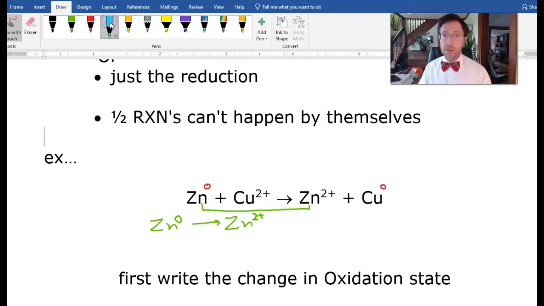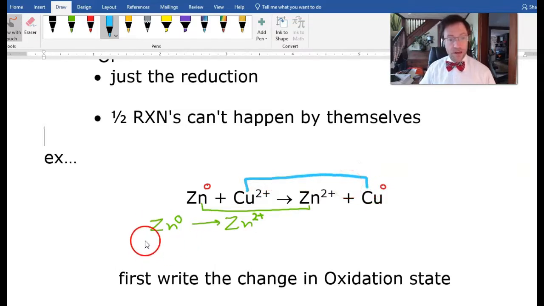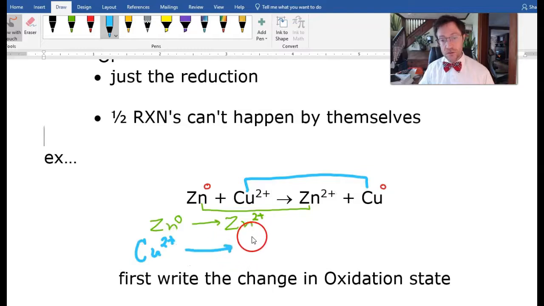Easy peasy. Lemon squeezy. Now I'm going to connect copper and copper 0, and then I just write it down. Copper 2 plus turns into copper 0. You get what I'm saying? That is step one for writing a half reaction.